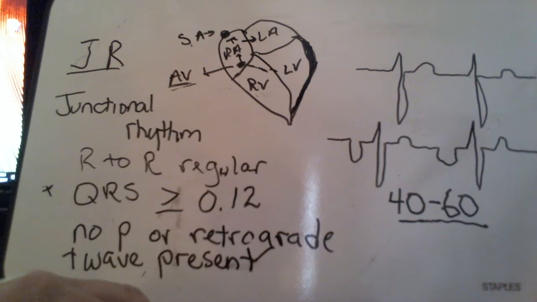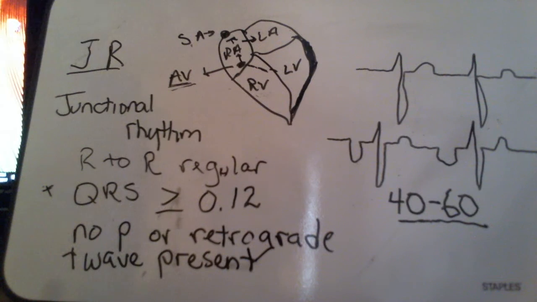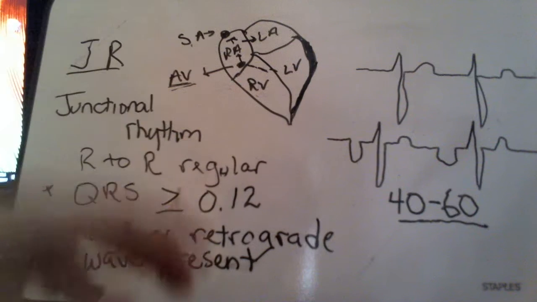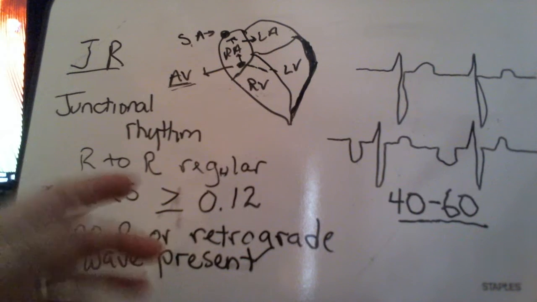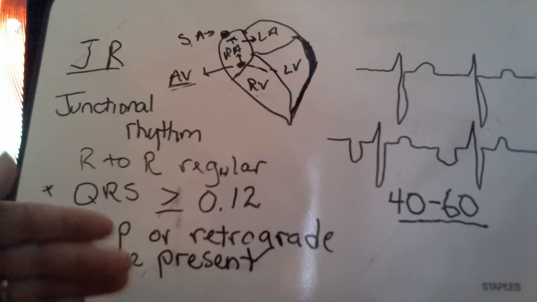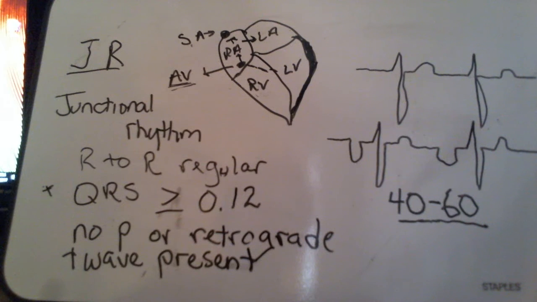Why does a junctional rhythm occur? It may be because the SA just didn't fire. Maybe the patient had a heart attack and it affected the SA node. Maybe they're on a medication that's messing with the SA node, so it's not firing properly. So the AV node is a backup system to the SA node, and it will produce junctional rhythms.